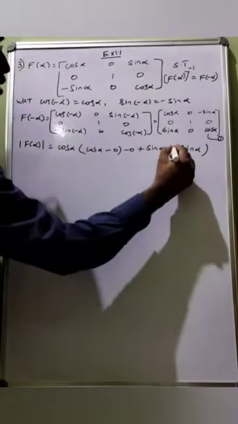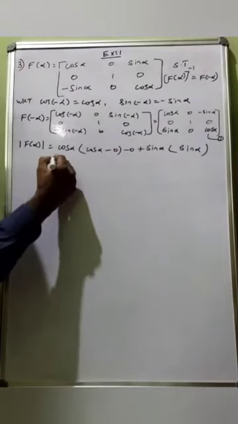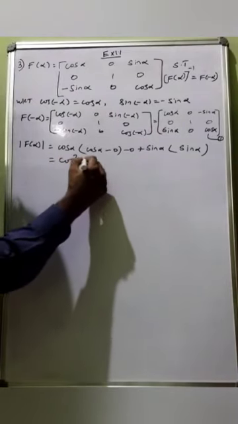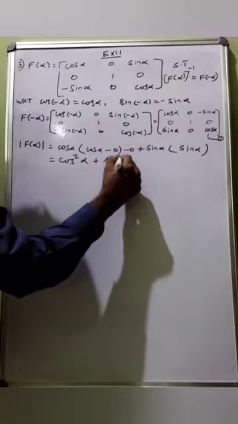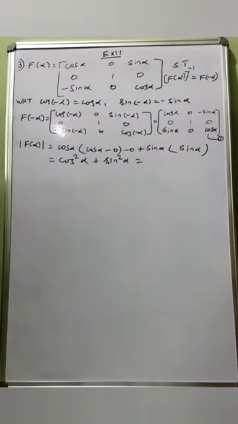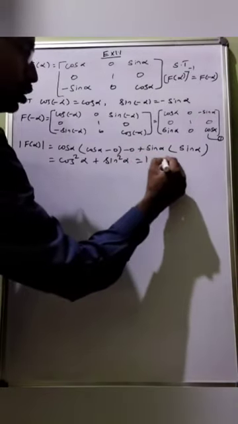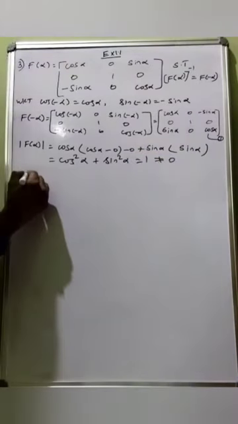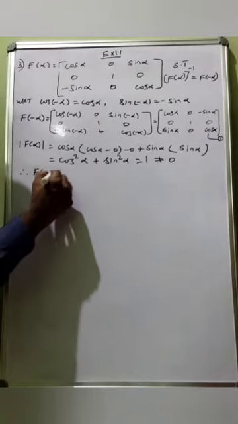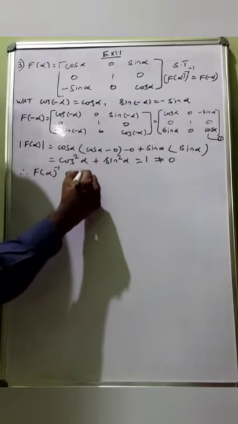So 0 plus sin alpha. Now cos square alpha plus sin square alpha equals 1, which is not equal to 0. Therefore F alpha whole inverse exists.